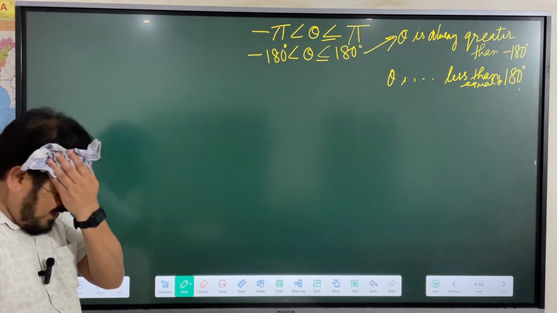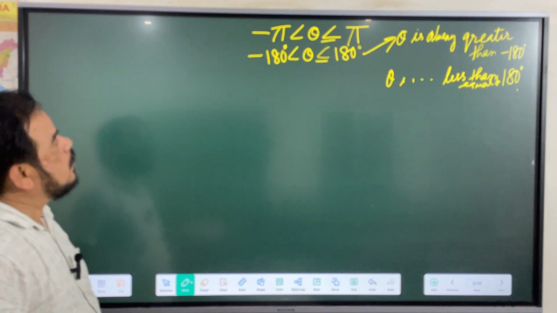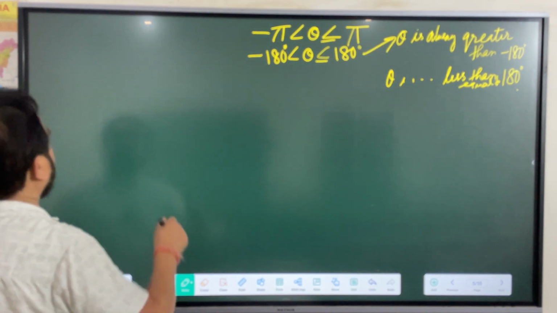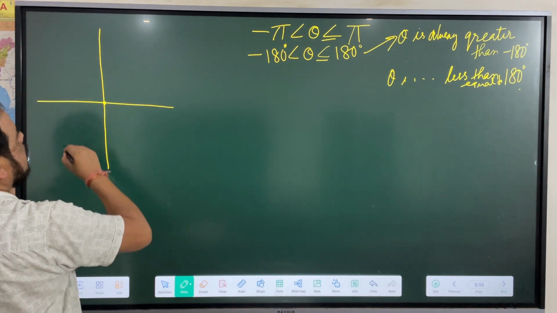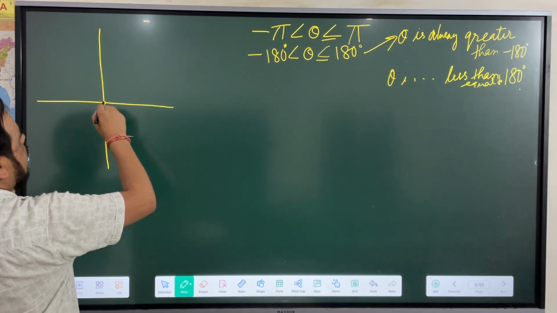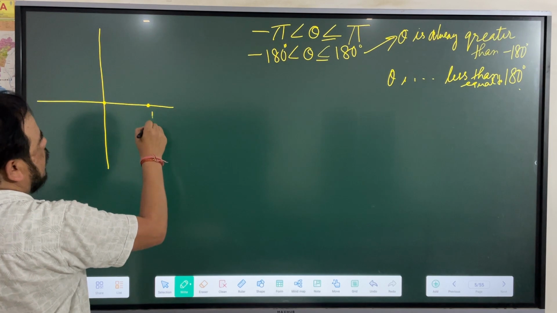Now I will show you four diagrams. Now there is a point P here.